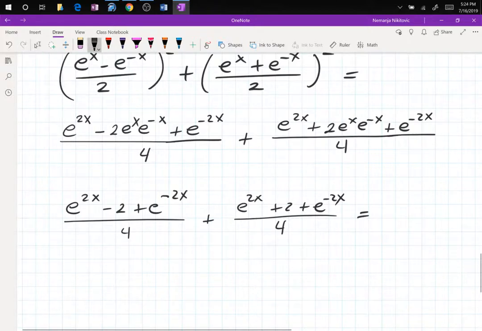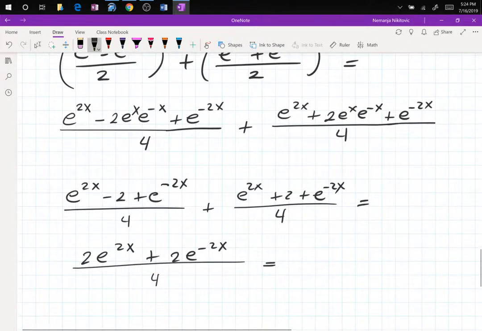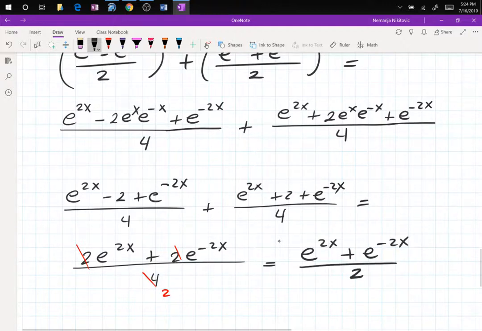So common denominator is 4. e to the 2x plus e to the 2x is 2e to the 2x. Plus 2 and minus 2 cancel out. And you have plus 2e to the minus 2x. You factor 2 and cancel with 4. So 2, 2, and 4 cancel. You get a 2 on the bottom. And you get e to the 2x plus e to the negative 2x over 2.